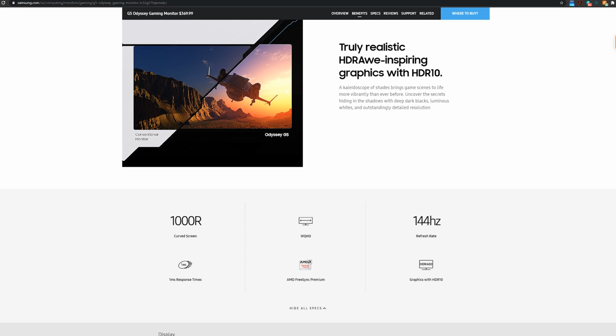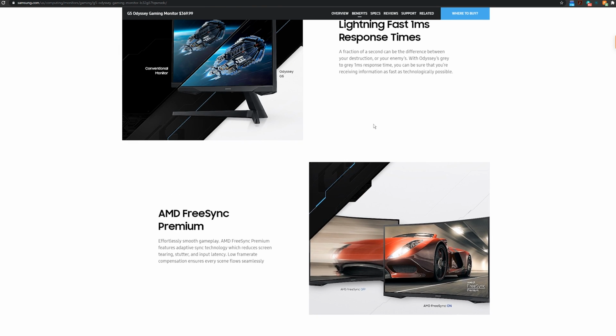I was blown away after using the Samsung for the last one or two months. It's very noticeable now, going back to a monitor that has less of a curve. I actually miss the 1000R curve. So those are going to be two big ones that the Samsung has here.